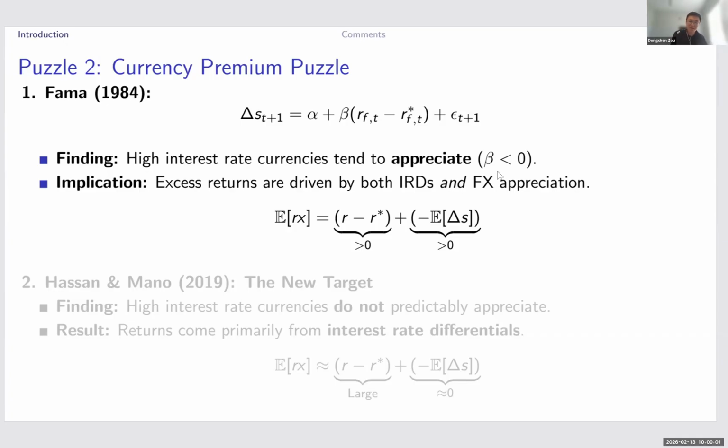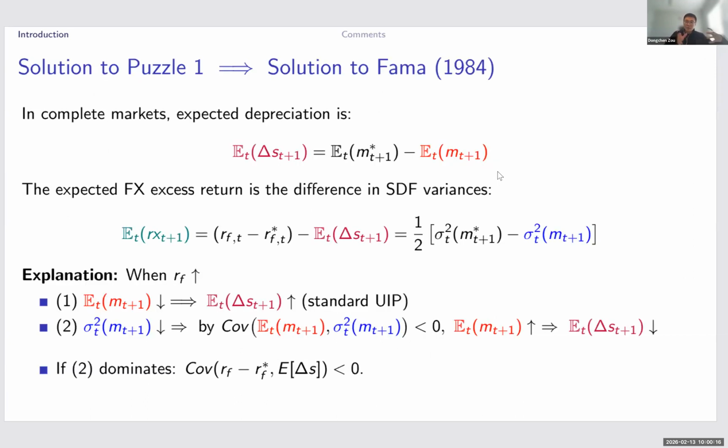What's the implication? The implication is that excess returns are driven by both interest rate differentials, which is positive, but also the currency appreciation, which is also positive. So that was actually supportive evidence, which supports the previous literature like Backus, Foresi and Telmer, Verdelhan.